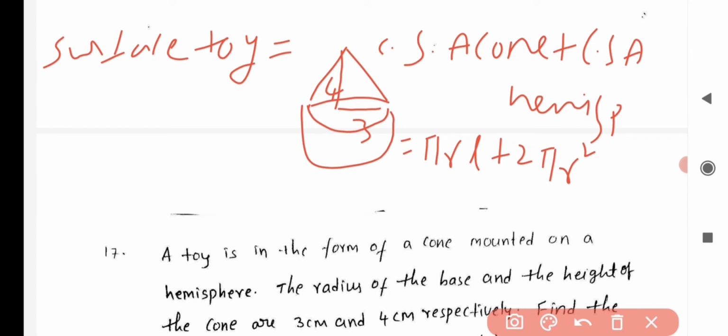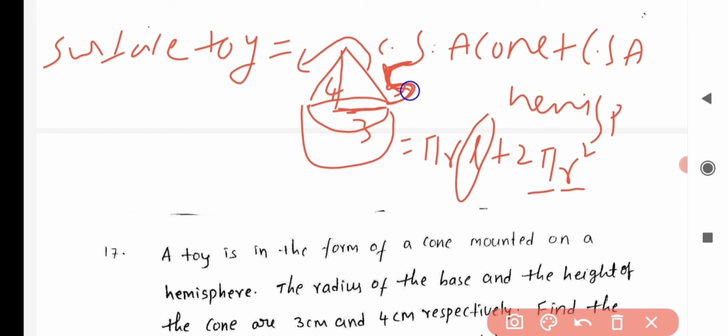So radius here same. What is that? Radius 3 centimeters. Radius we know. Pi means 22 by 7. So I want slant height. L value I want first. So by using Pythagoras theorem, first you find out the slant height value. So 3, 4, by using Pythagoras triplets, what is the slant height? That is 5. Now slant height also we know.